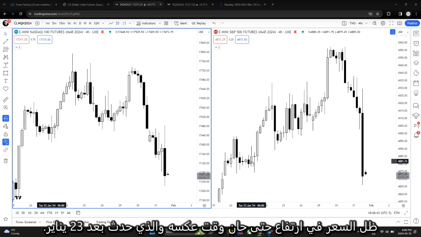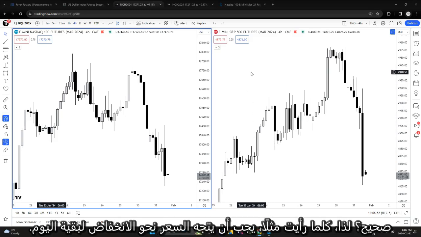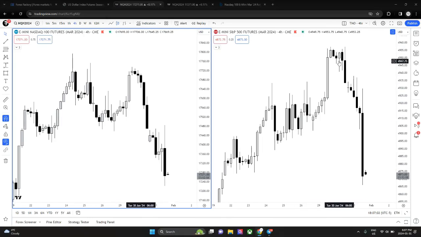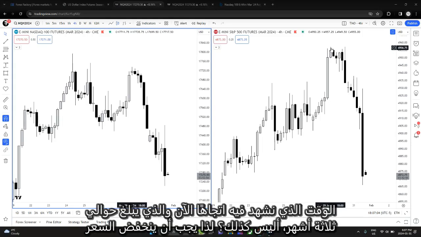After price has been going up until it became time for it to reverse, which happened after January 23rd, right? So whenever you see, for example, price should be trending lower for the remainder of the trend in time that we have now, which is around 3 months, right?